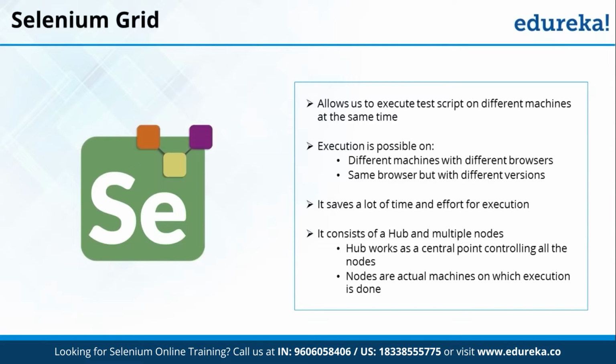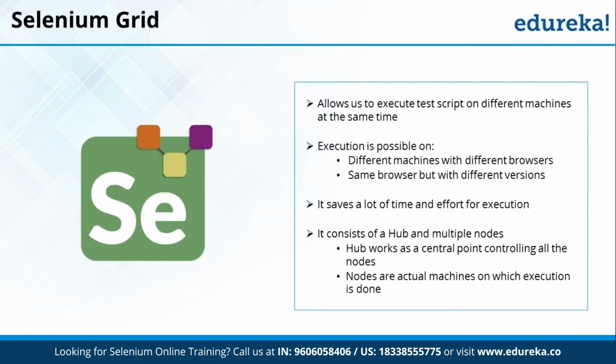I'll just go through the slide first, then I'll explain it. It allows us to execute test scripts on different machines at the same time. Now you won't understand until you get to know what Selenium Grid comprises. So this line is saying it will let us run test scripts on different machines at the same time.